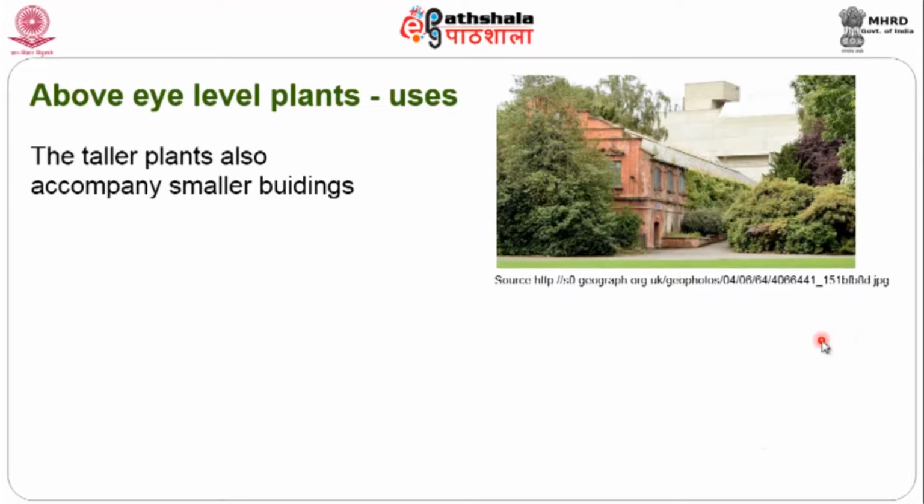So, taller plants accompany smaller buildings, they give a sense of dimension, and a sense of edge definition in a particular design landscape. That is very important and something nice to do when it comes to smaller buildings. It also softens up the visuals in the landscape.